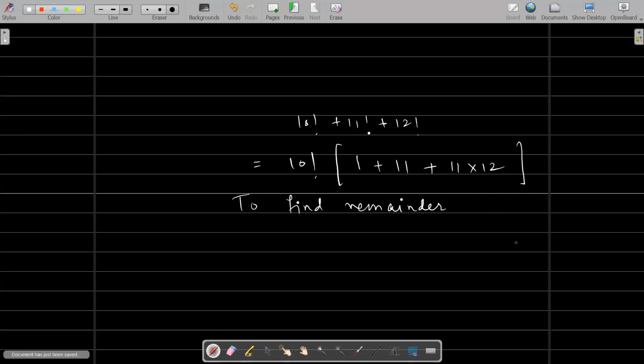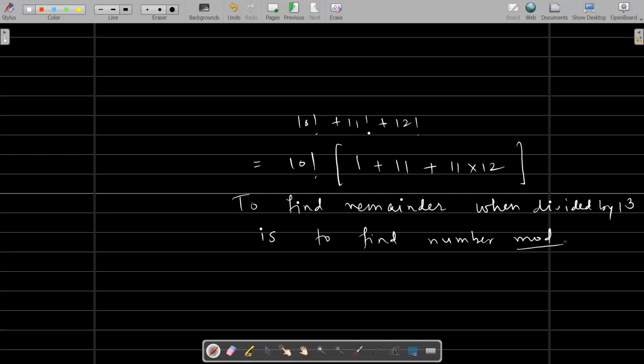So to find the remainder when divided by 13 is to find this number mod 13.